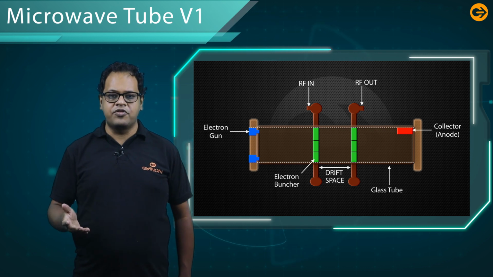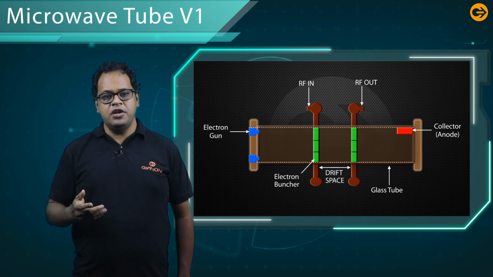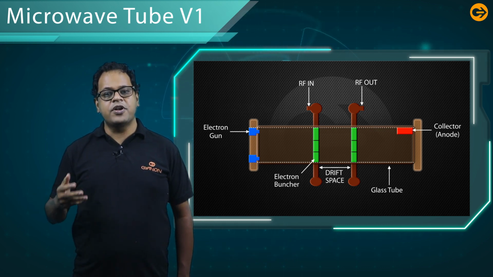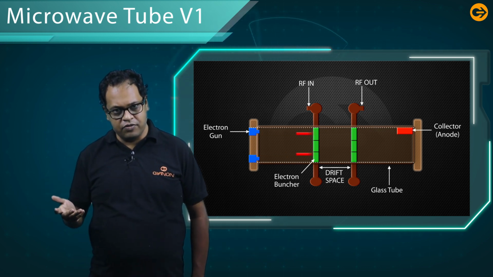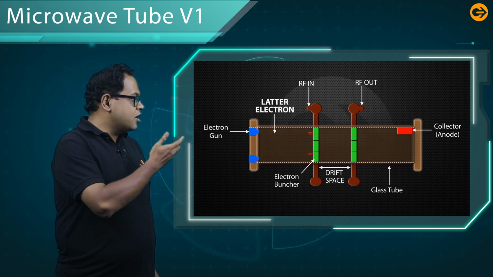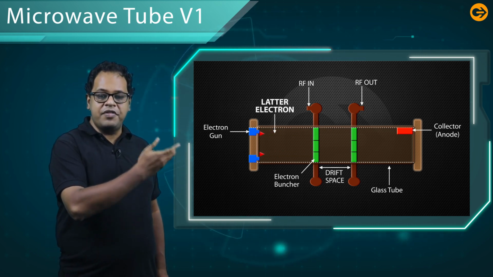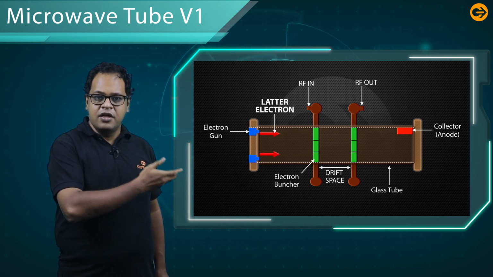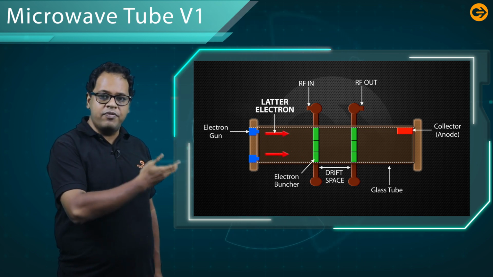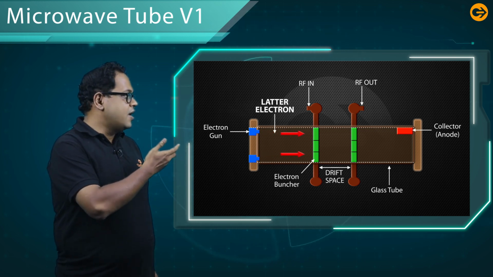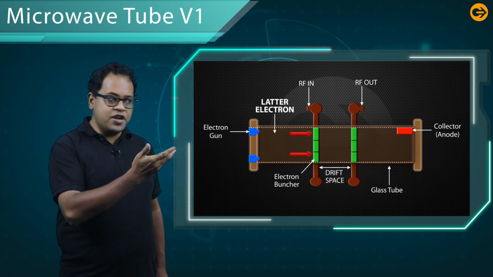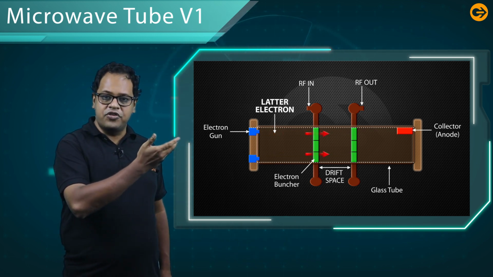In two-cavity klystron, there are three types of electrons. That means three types with respect to the velocity of the electron. The first one is the latter electron, between the electron gun and the first cavity. Here the electron velocity is less. That's why the electron is denoted as the latter electron. The electron in between the two cavities is known as the reference electron.